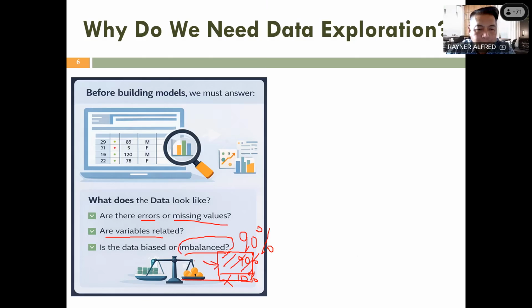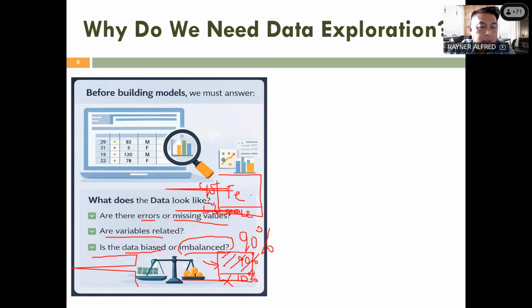Okay, data can also be biased. For instance, we have one set of data, and we look at the data for cancer, and this data consists of 5% male and 95% female.